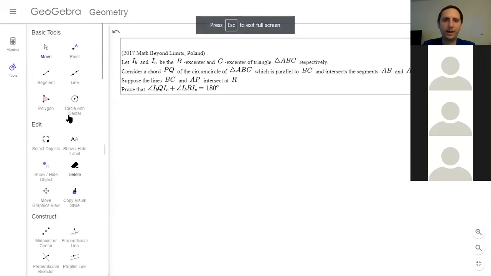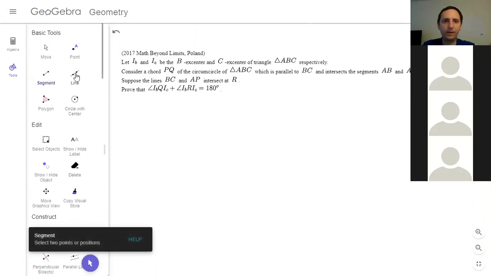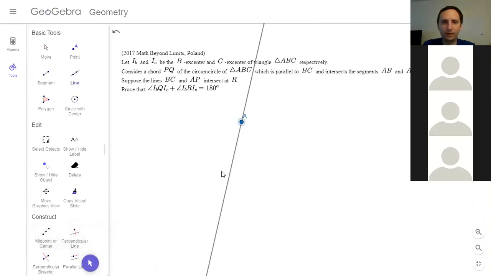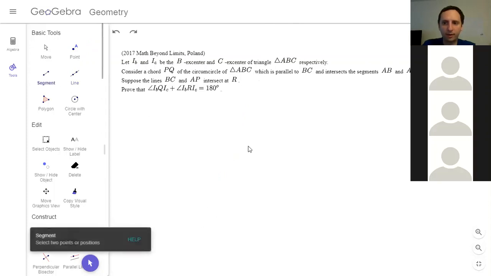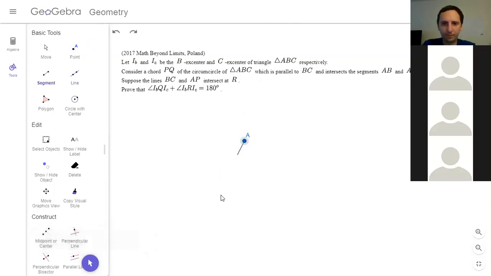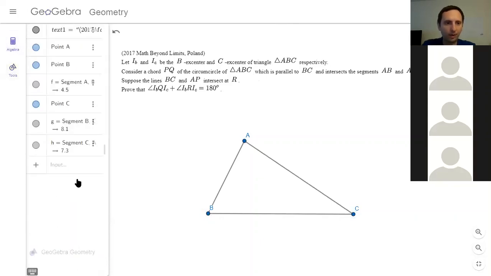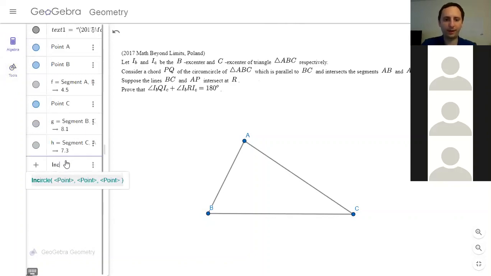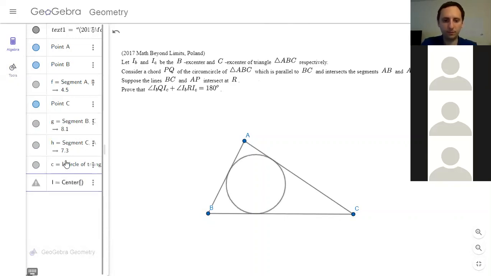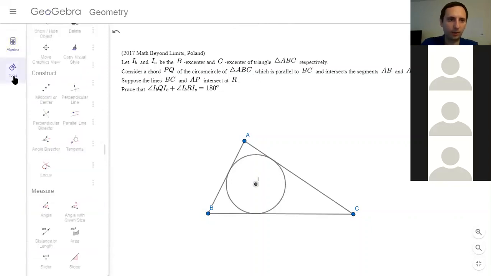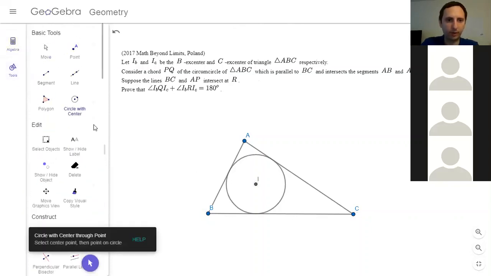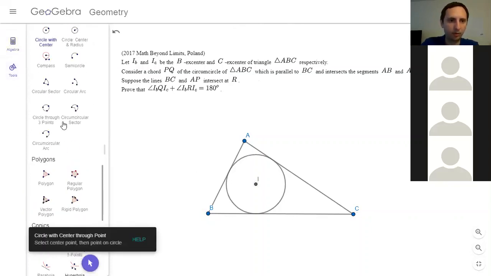All right, so we have a triangle ABC, and we draw the B and C excenters. There are a couple different ways. I personally like using the incenter-excenter lemma to draw them, but you don't have to do it this way.